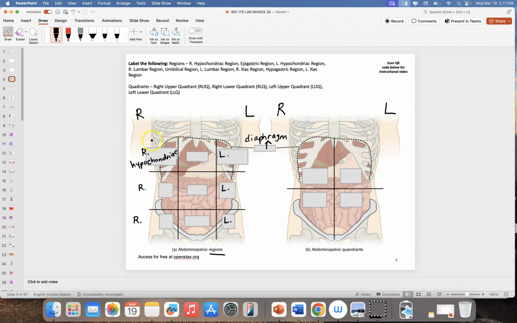Here's the ribs. Here is cartilage that is helping these ribs connect to the sternum. Since we are below that cartilage, we call it hypochondriac. We would have the same thing on the left side, the left hypochondriac region.